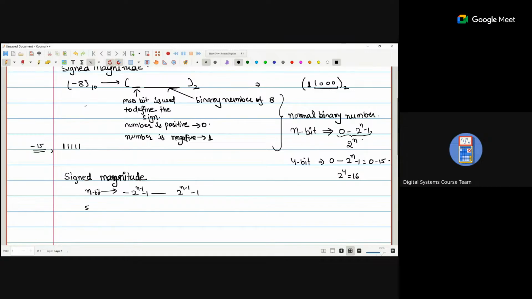So with 5 bits, the minimum number is minus 15. And if plus 15 is defined, the MSB is 0 and 15 is 1111. So minus 15 to plus 15 is the range in the case of signed magnitude.